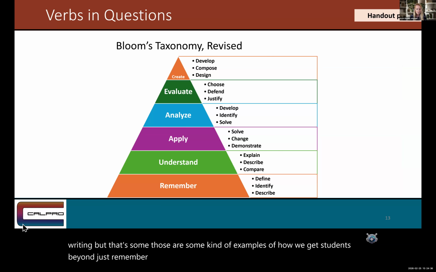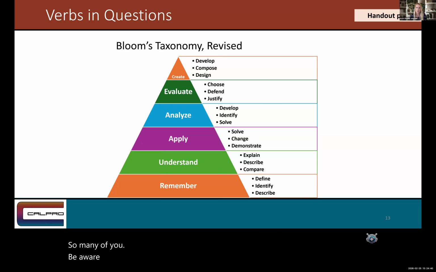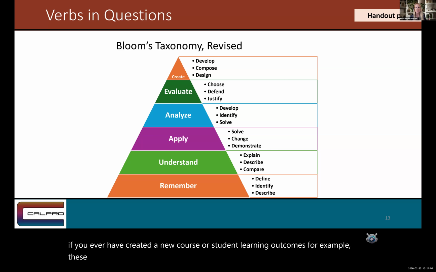Many of you may be aware of these different verbs that are used with Bloom's taxonomy. If you ever have created a new course or student learning outcomes, for example, these are really concrete ways for us to see that learners have achieved different levels of the cognitive domains.